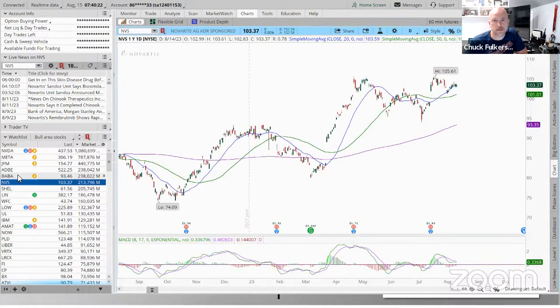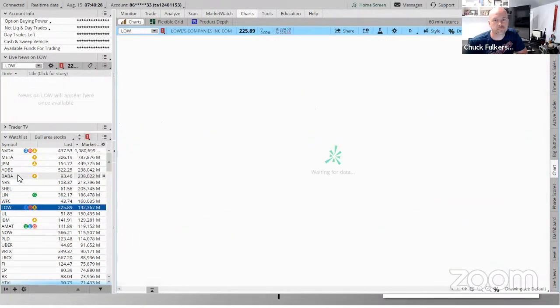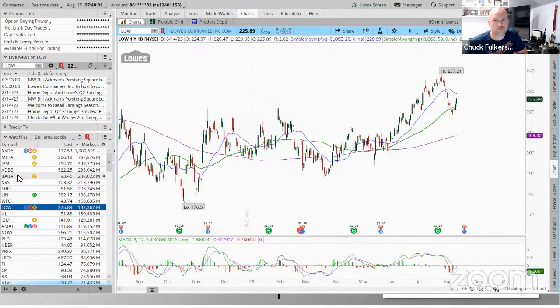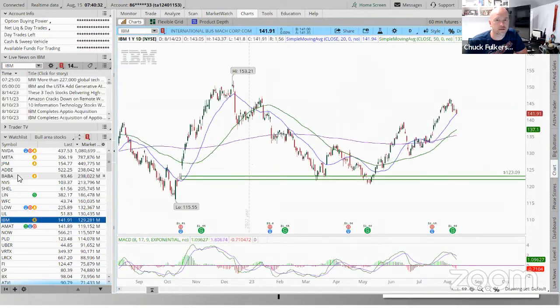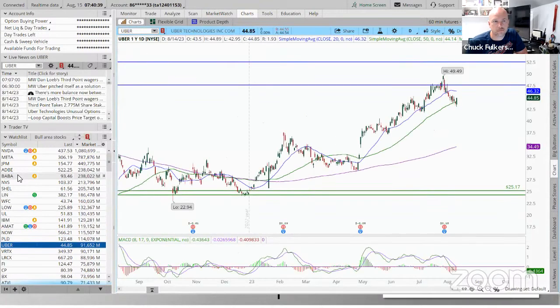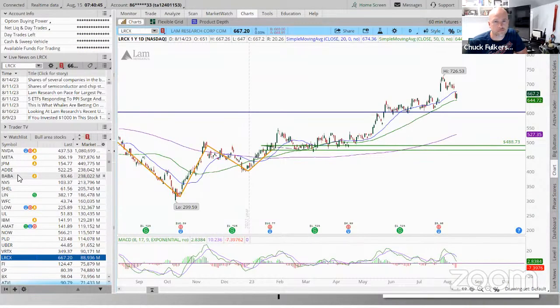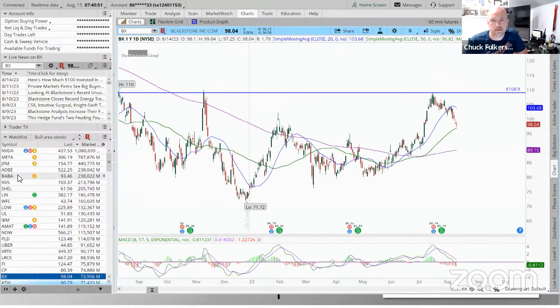That's just sideways. Lowe's is no good. IBM is no good. AMAT now. So Lamb looks pretty interesting. Not the best.